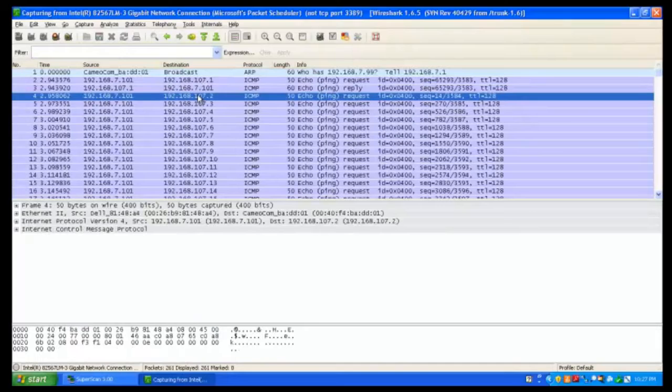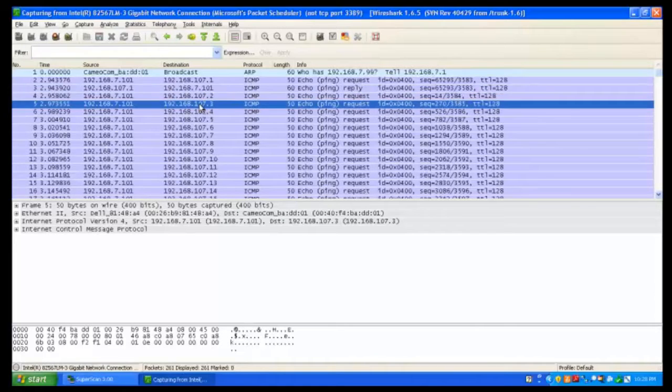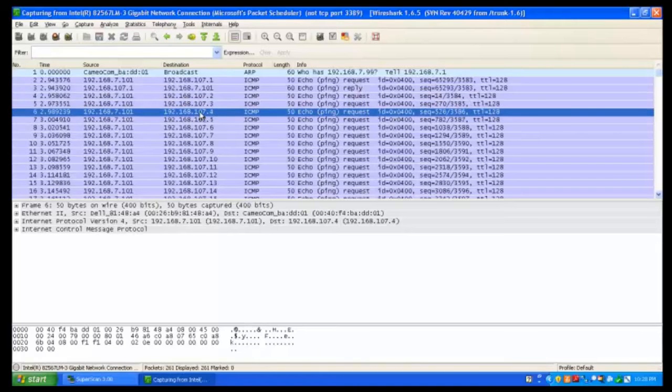But if you go down through here, from 7.101 to 107.2, all we see is the echo request packet. This IP number is not used, so we're not going to see a reply. But we see the ping packet going out to the gateway.